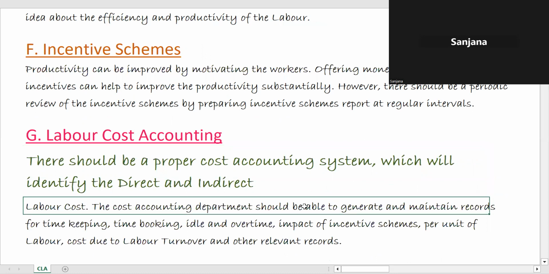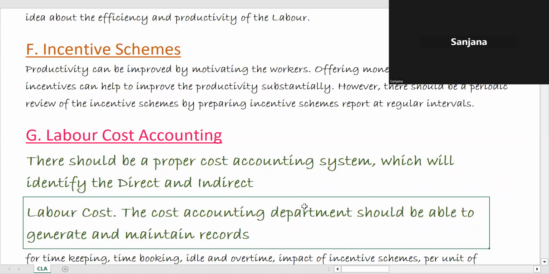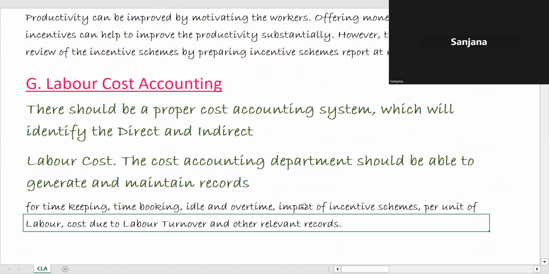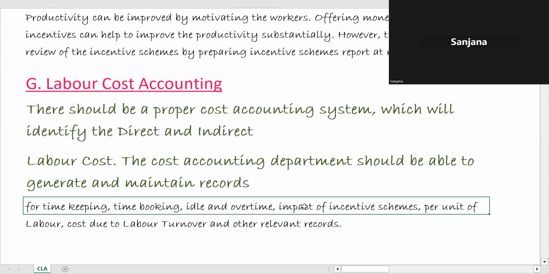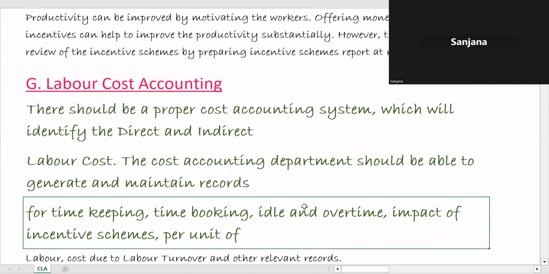If other people have any classification problem, they'll come to them. Cost accounting will of course use data from other departments, but they should be able to generate reports whenever required, because management will ask for reports from cost accounting.